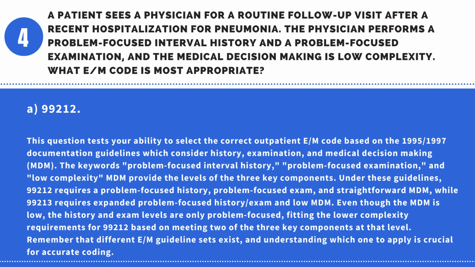More likely, the question setters intended to use the 2 of 3 rule where problem-focused history and exam together only support 99212 when MDM is low, because 99213 requires expanded levels for history/exam. Okay, let's write the explanation based on the likely intended logic using the 1995/1997 guidelines to arrive at 99212.